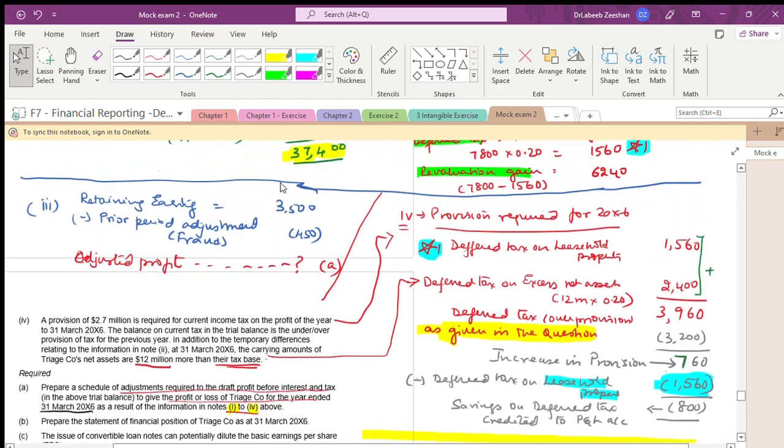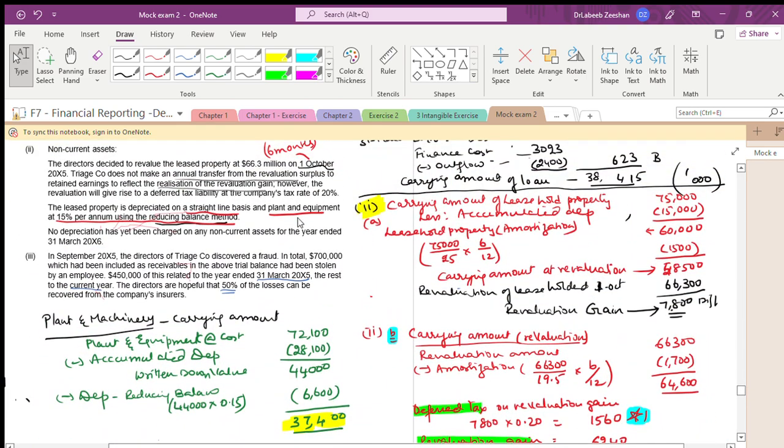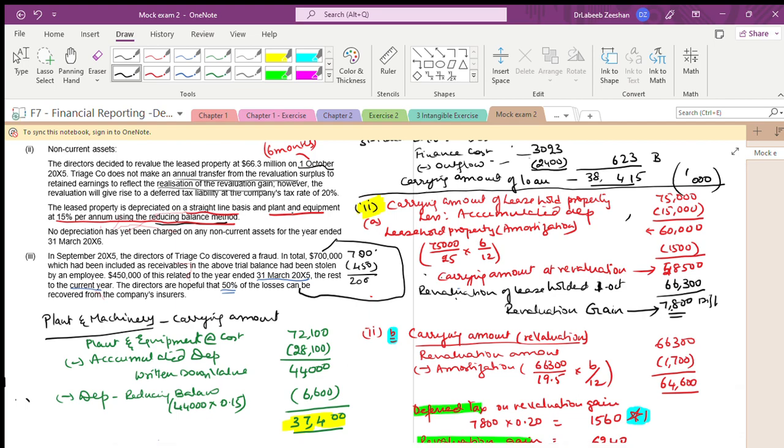Next, they are talking about some fraud. I will just put it like this. 700 is the total amount of fraud. 450 is stolen. Now 200. The directors are hopeful, but there is no guarantee.